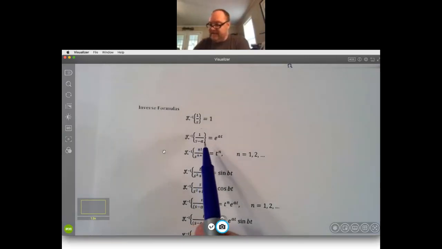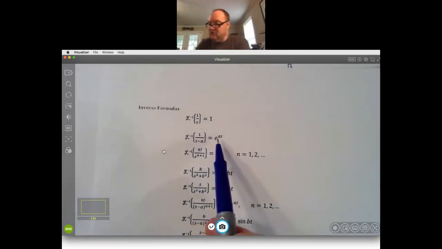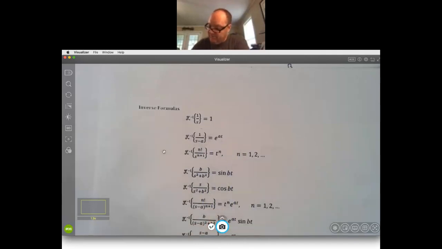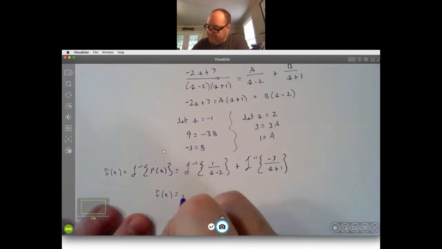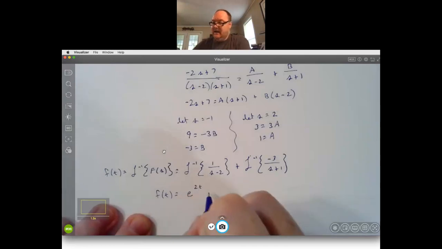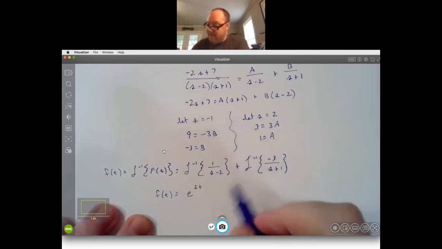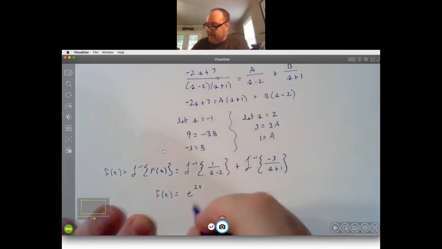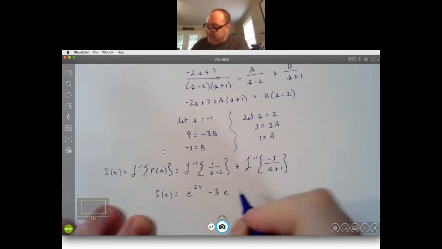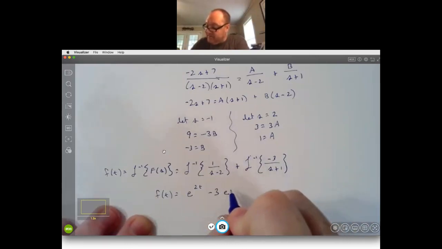So that's going to be e to the 2t power. And then likewise, I don't really need that -3. I can pull it out, at least in my mind. And that's going to also fit that same transformation backwards, e to the -1t power.